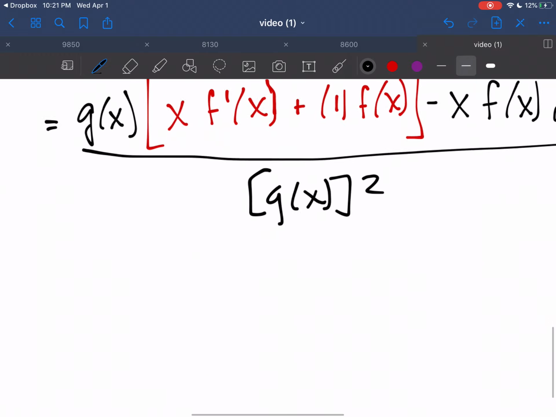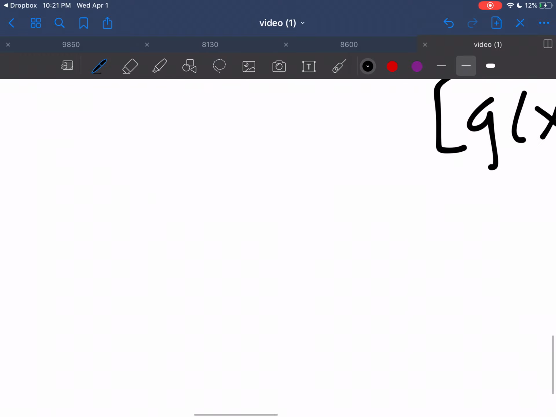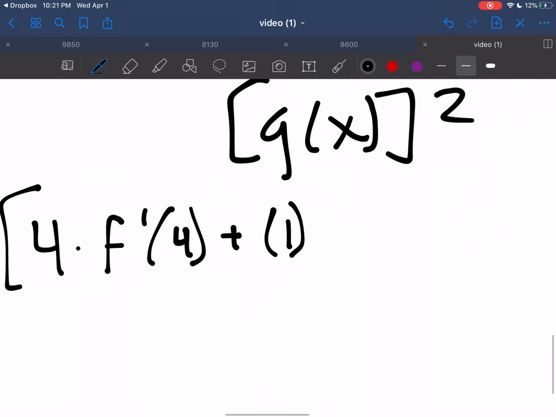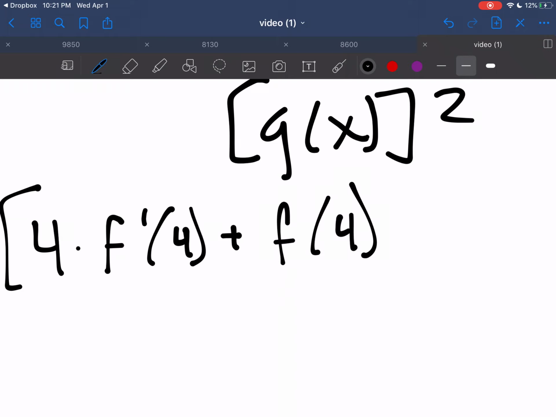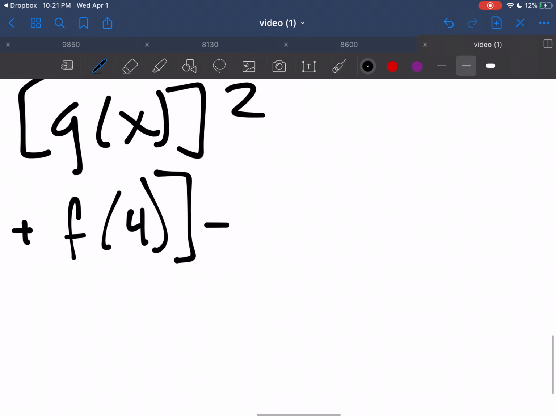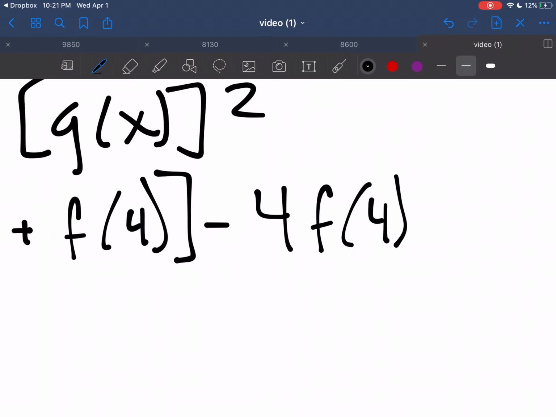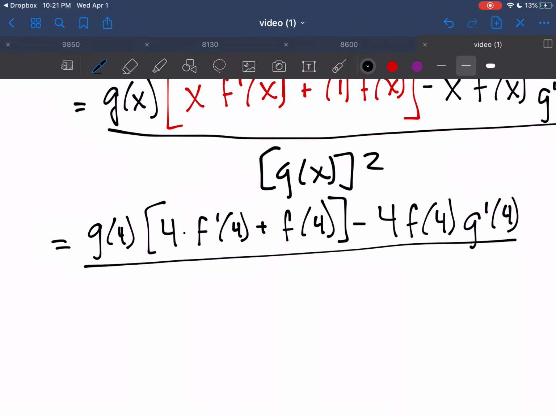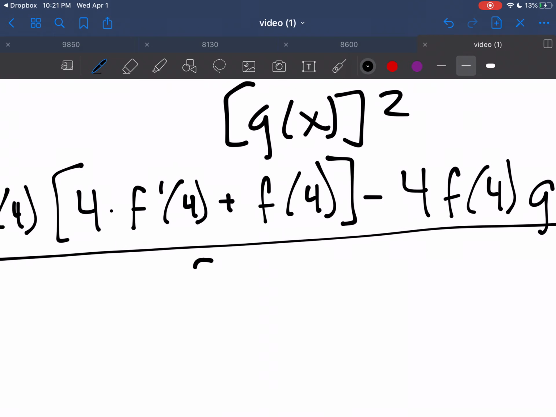All right, so we can plug 4 in for this, and so we get g of 4 times 4 times f prime of 4 plus 1, and we can just not write the 1, f of 4 minus 4 times f of 4 times g prime of 4, divided by g of 4 squared.